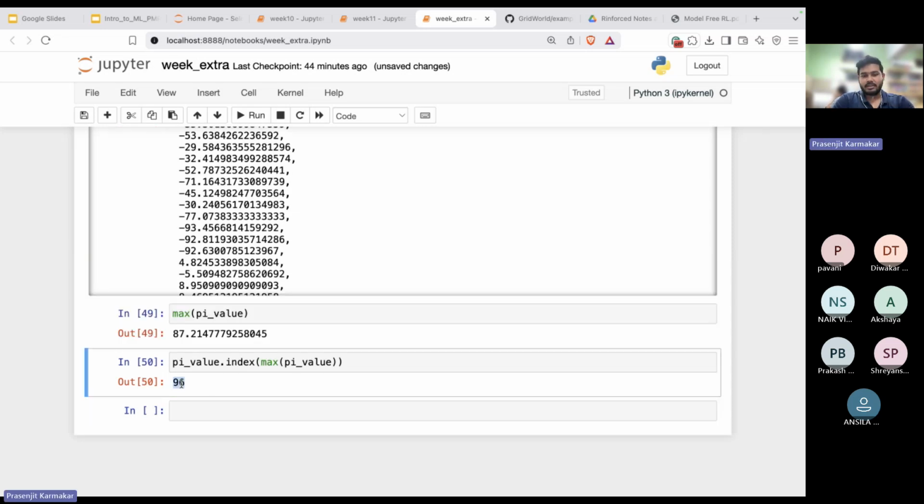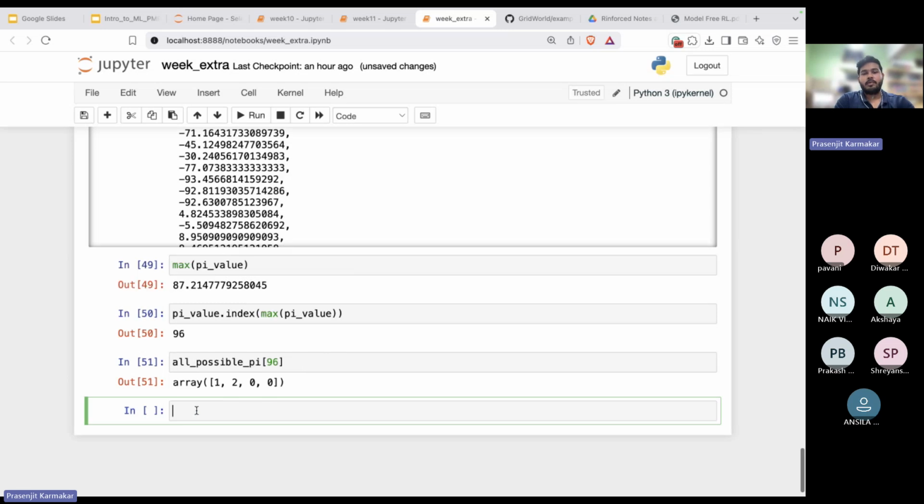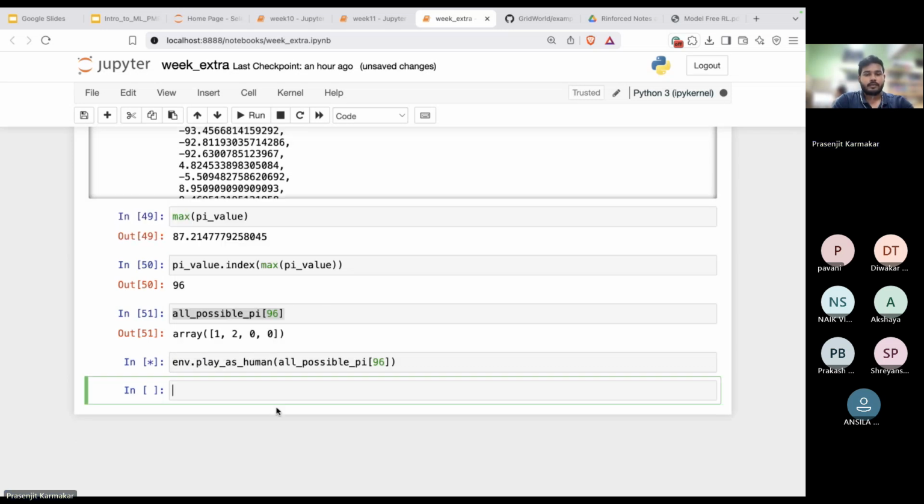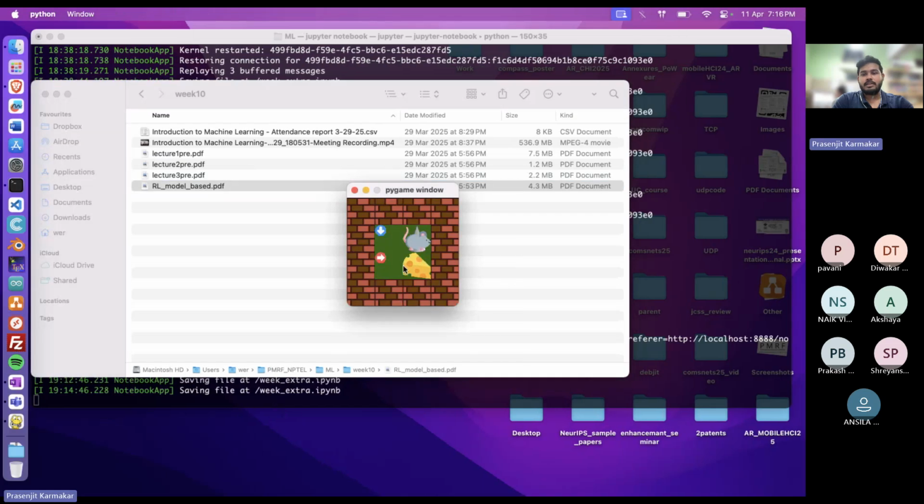It's 96. So of all possible policies, if I take the 96th policy, this is my estimated best policy so far, right? Now let's see if I can play as a human and pass this policy. Yeah, this is the policy.